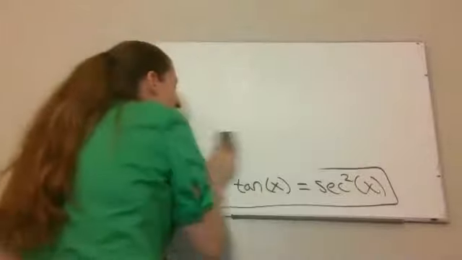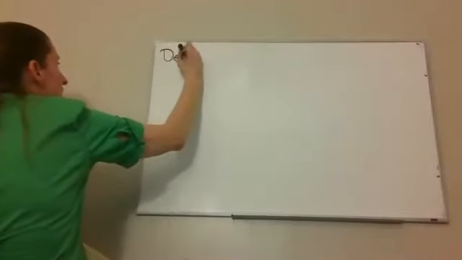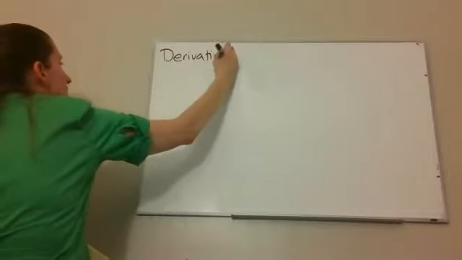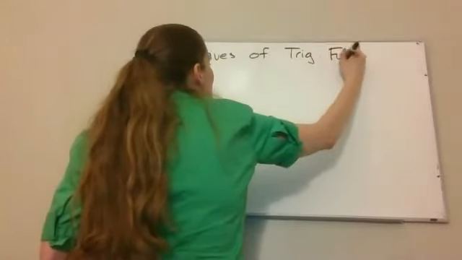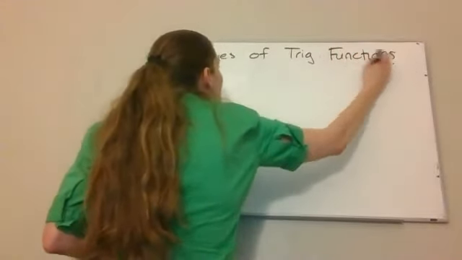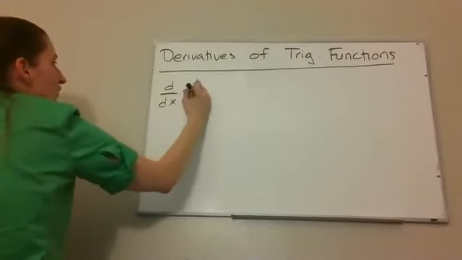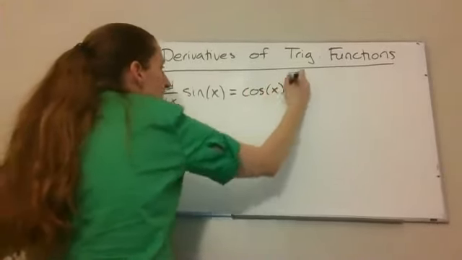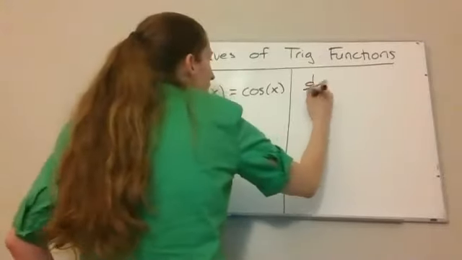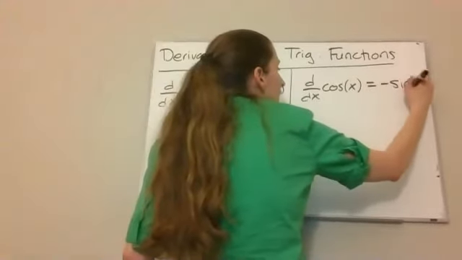So let me write down all of the derivatives of our trig functions. We already know from the last time the derivative of sine is cosine, and the derivative of cosine is negative sine.